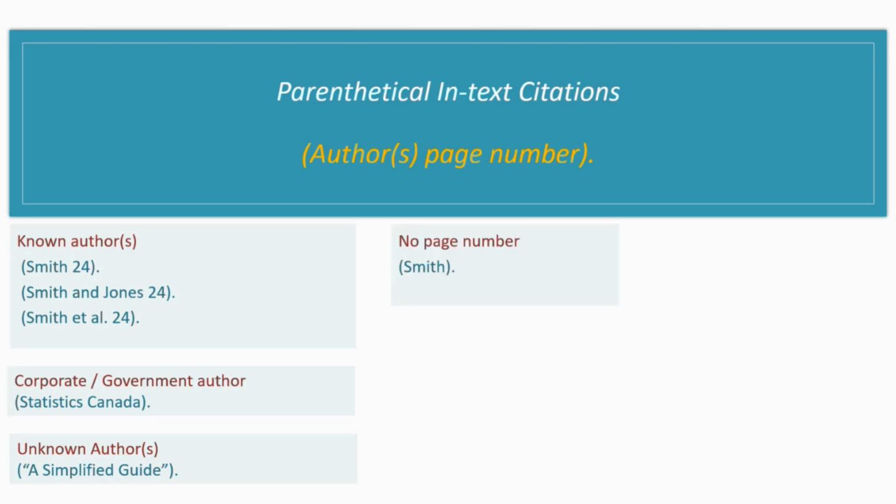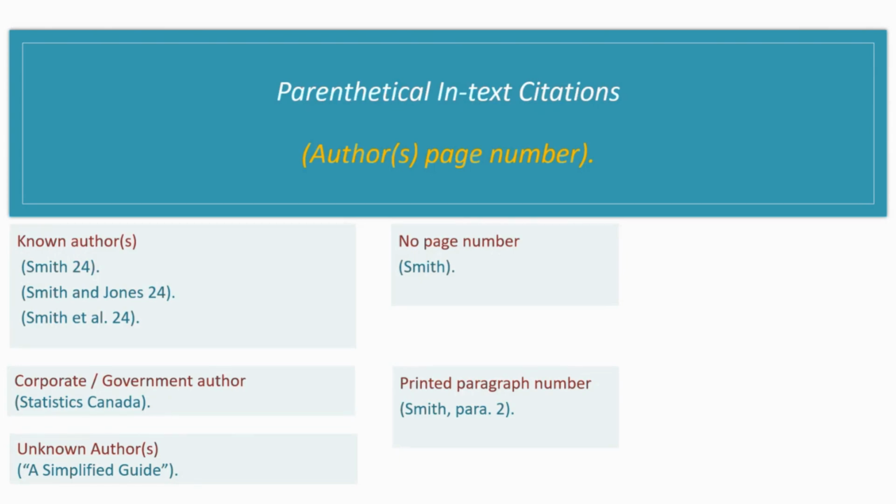And if there is no page number, omit the page number and use only the author name, as I mentioned. More and more, we're dealing with online articles that don't have page numbers. So you might find that you're encountering this more often. Some articles may have paragraph numbers printed by the publisher in the margin, but don't count them yourself and only include them if they've been provided.